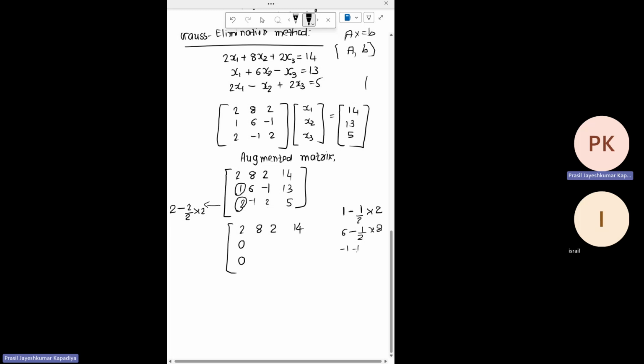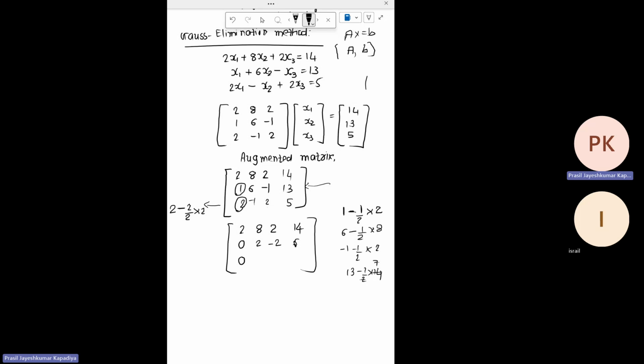My ratio is minus 1 by 2 into 2. So this row will be 0, 2, minus 2, and my last entry 6. So what we are doing, we are multiplying with this row and subtracting. I am defining this ratio 1 by 2 into 2, so this will be 0. I am doing this for the whole row.